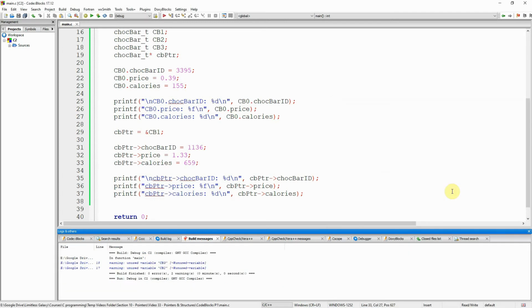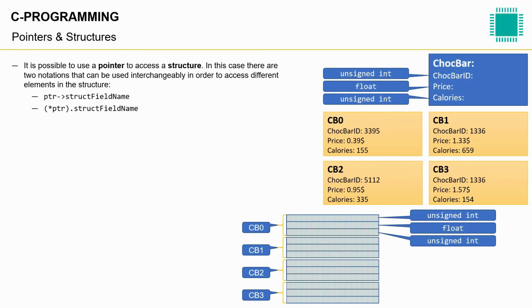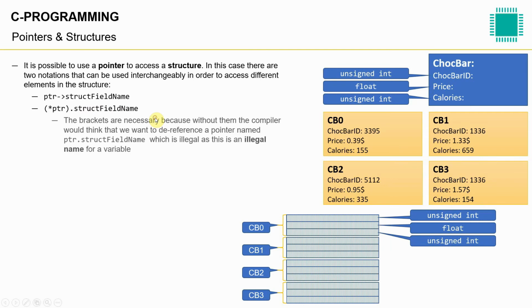Okay. Now, I did promise to you that there is another type of notation that we can use, and this is the star brackets type of notation. So this type of thing that you can see here, (*ptr).fieldname. Now you might ask, why do I have to put the brackets? Why can't I just put *ptr.something? Why will this not work?